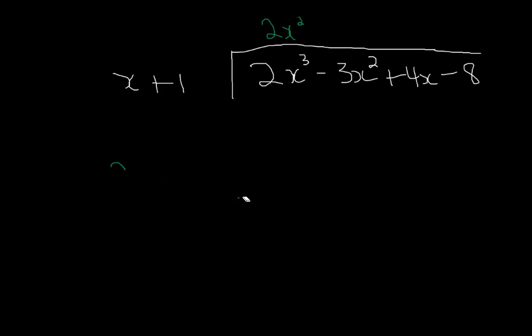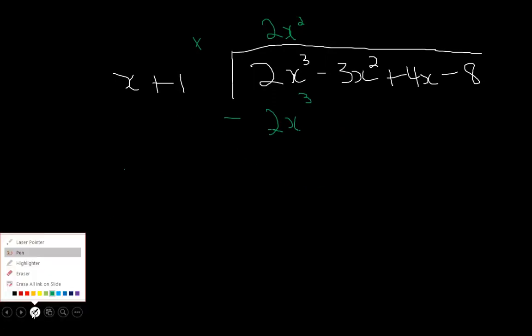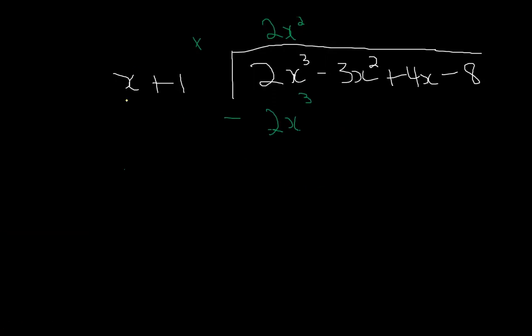So like I said, we do a long division like we did just now. X into 2x cubed is 2x squared. 2x squared multiplied by x is 2x cubed. Remember, we always subtract. However, unlike the example I just showed you, this one has two terms, x and 1.